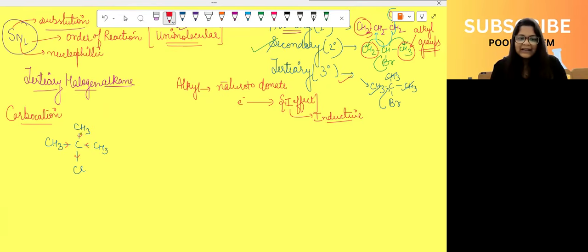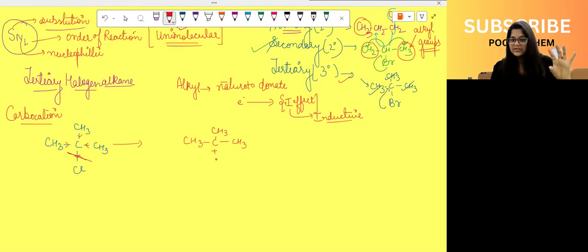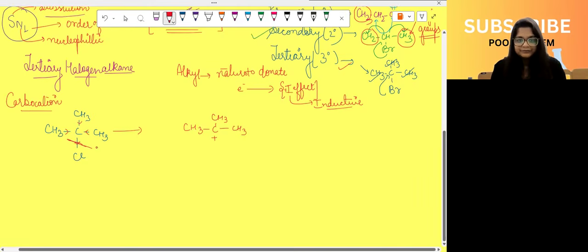So what will happen? They will donate the electrons and easily break the compound, and a cleavage will happen over here. Heterolytic cleavage will happen, as a result of which the carbon to which halogen is attached will develop a positive charge, right?